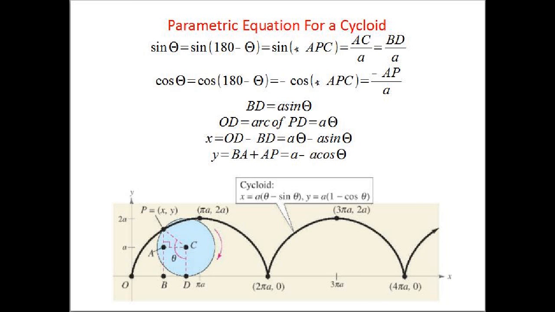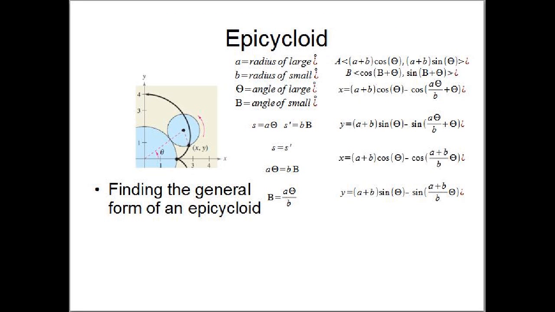You can factor A out of both equations, and we will get the standard parametric equation for a cycloid, which is x is equal to A times (theta minus sine theta), and y is equal to A times (1 minus cosine theta).